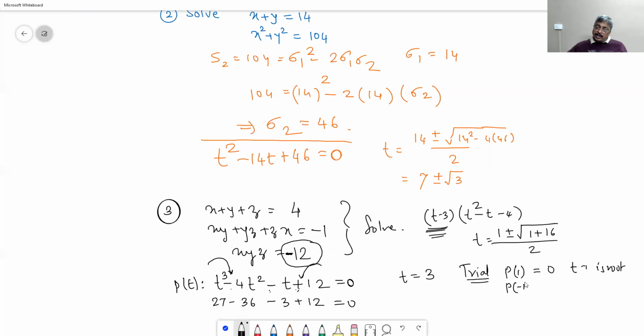You try p of minus 1. If 0, t plus 1 is a root. P of 2, p of minus 2, p of 3, p of minus 3. Everything you should try, integers, and all your school problems will be solved using this.